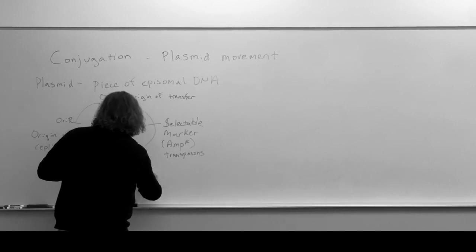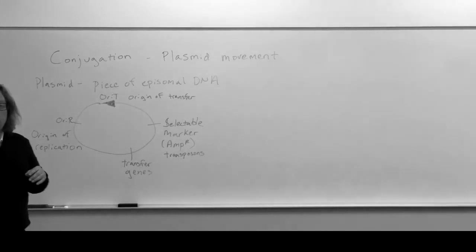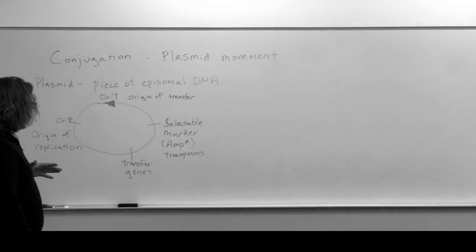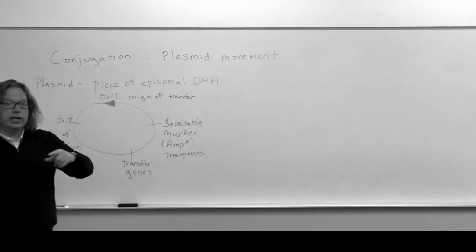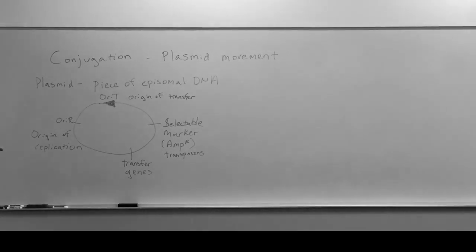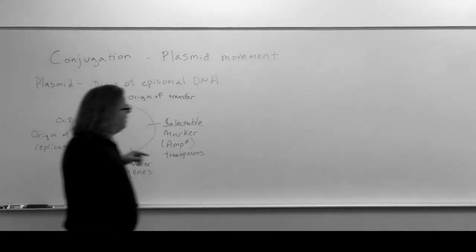A plasmid also encodes a number of transfer genes, and these transfer genes encode material necessary for this conjugation event to actually occur. So what does that look like?